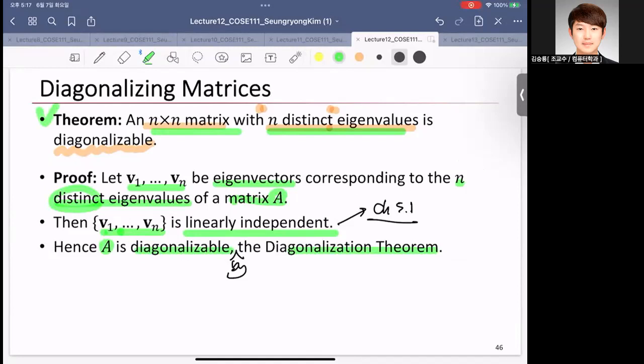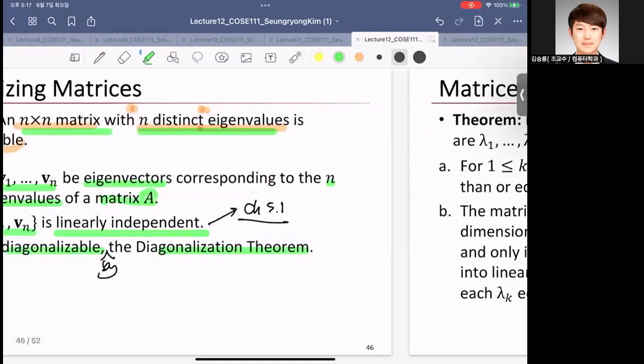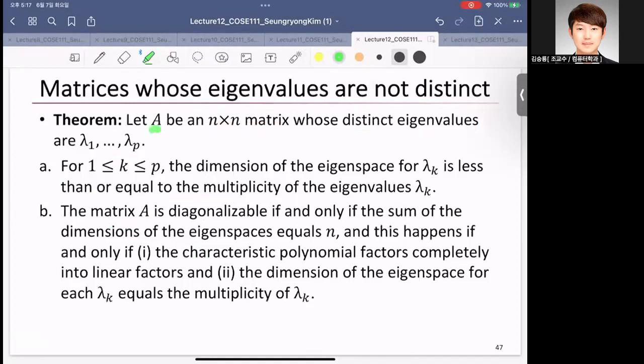One more thing is, let matrix A be an n by n matrix whose distinct eigenvalues are lambda 1, lambda 2, ..., lambda p. In this case, p is smaller than n, right? Then there are several kinds of properties.